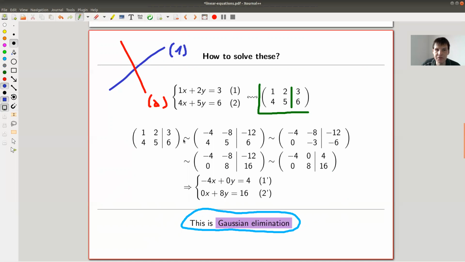And then you perform Gaussian elimination, which is basically a set of rules to transform those matrices. So what you, for instance, can do is you can multiply this first line here by -4, and you get a new first line, right? 1 times -4 is -4, 2 times -4 is -8, and so on.